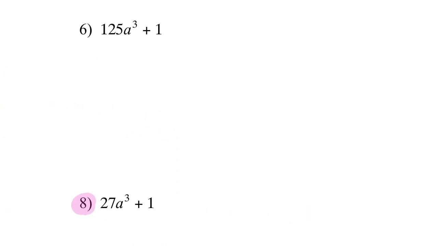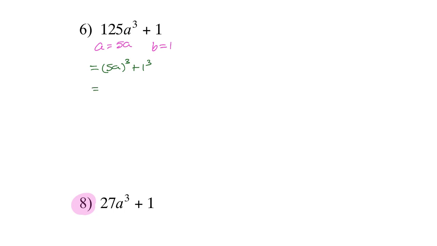Again, let's start by identifying a is going to be 5a, and then b is going to be 1. So let's start by rewriting this as 1 cubed.